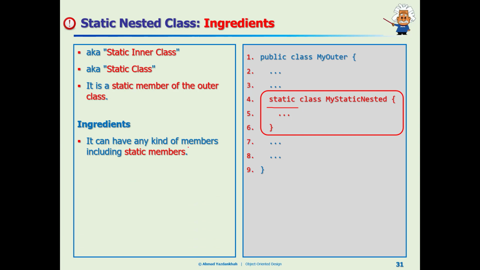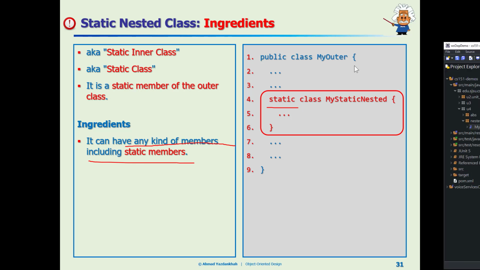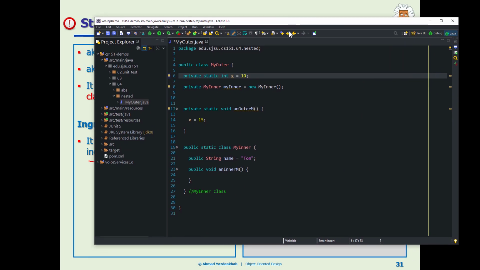So it can have any kind of members, including static members. You remember the inner class couldn't have a static member. So since this is a static class right now, and if I make this static, there shouldn't be any complaint, you see? And how about this method? The same thing.